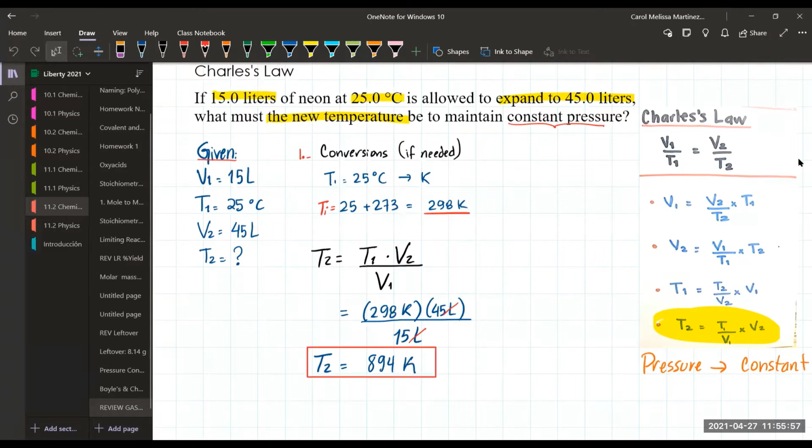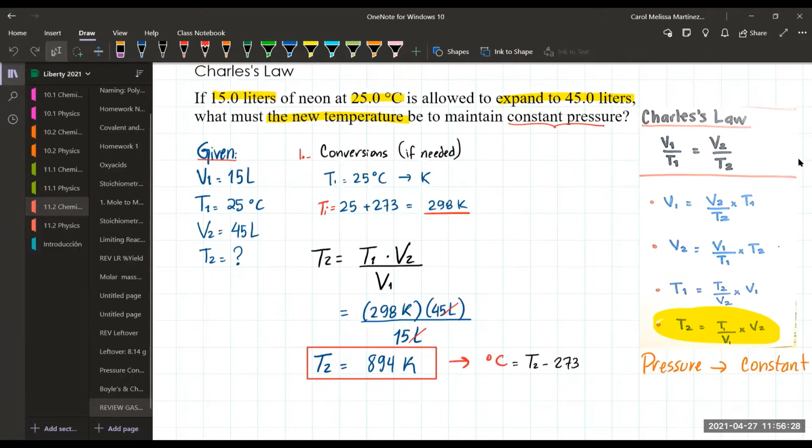But there is a high chance that I tell you to express the new temperature in Celsius. So if I tell you to express the temperature in Celsius, then from the temperature that you got in the first place, you will have to perform the conversion to Celsius. So this is going to be temperature 2 minus 273 to give the temperature in Celsius.